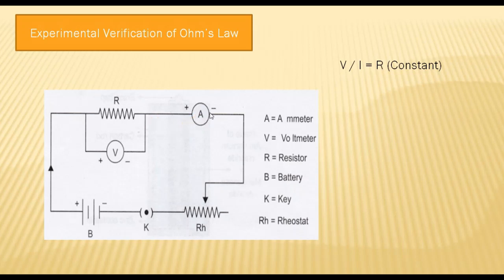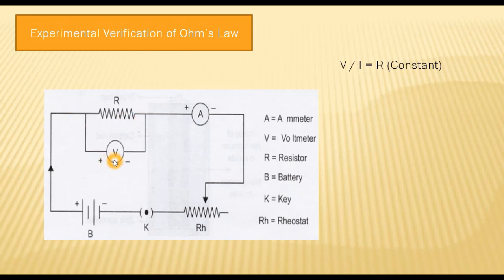Ammeter has low resistance, and that is why it is connected in series, so that a sufficient amount of current can flow. And the voltmeter has high resistance, and that is why it is connected in parallel, so that a sufficient amount of current flows.